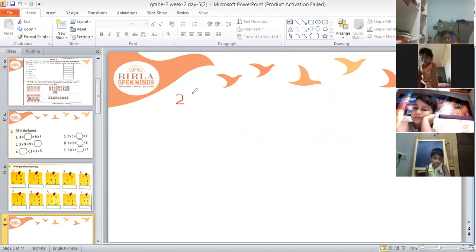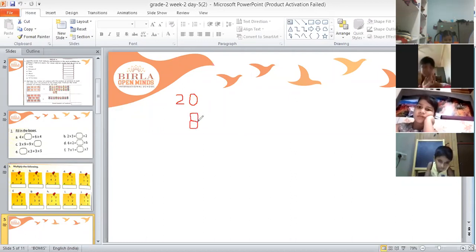So we'll write the biggest 2-digit number first. We'll write here 20, and children, in one box you will write only one number. So you will write 2 in one box and 0 in the other box, and below this 0 you will write 8.